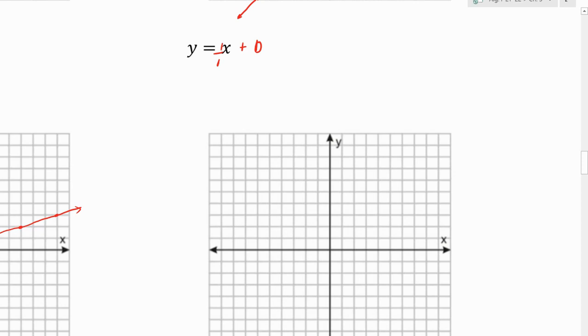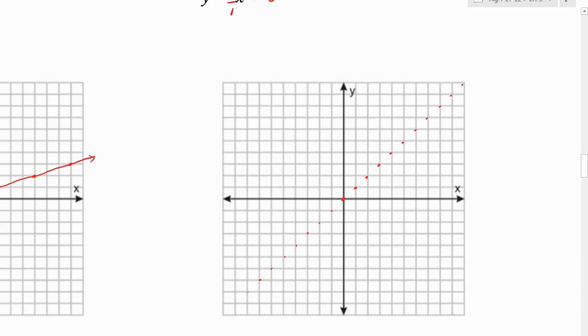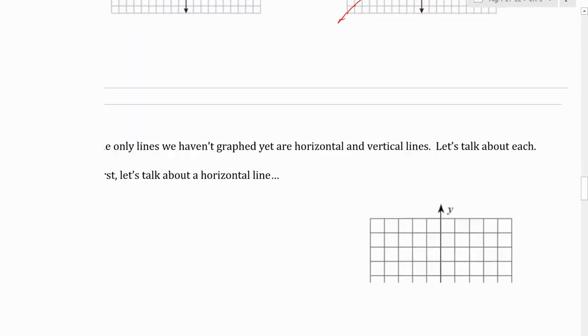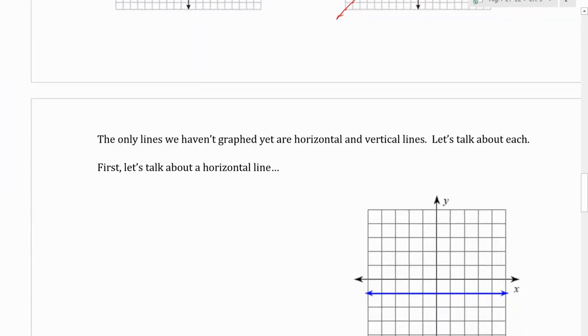So we got a y-intercept of 0, rise 1, run 1. There's that one. Okay, so you were doing all those on your whiteboards, but there they all were again.